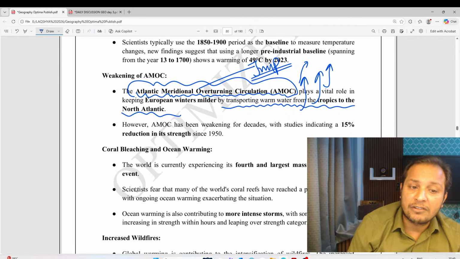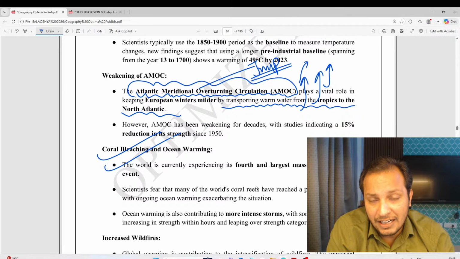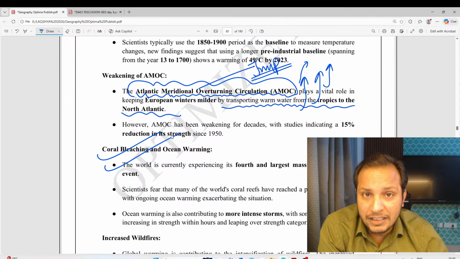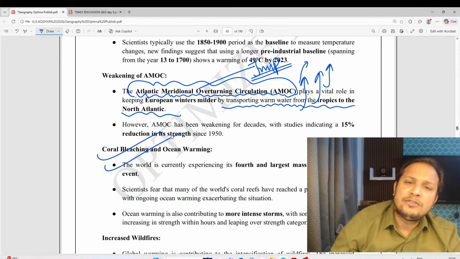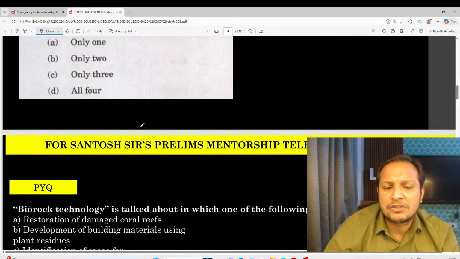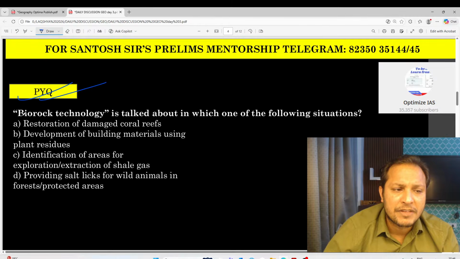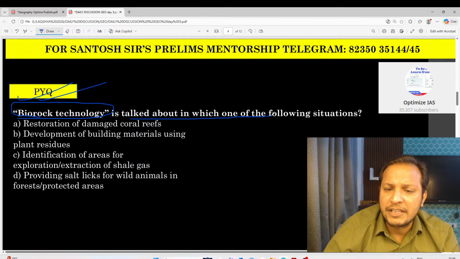Now guys, because of global warming, coral reefs are getting bleached. UPSC is asking a lot of questions on coral reefs. Let us see this question, guys. This is a PYQ. Bio-rock technology is talked about in which of the following situations?